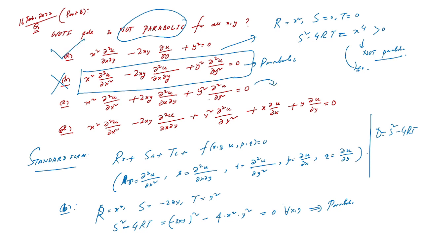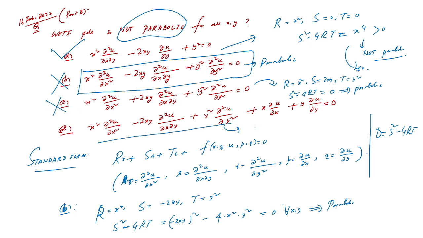Similarly, for option C, you will see R is x square, S is 2xy, and T is y square. So s square minus 4rt is basically 0. So that means it is parabolic. But in the question it is asked not parabolic, so this option is false.